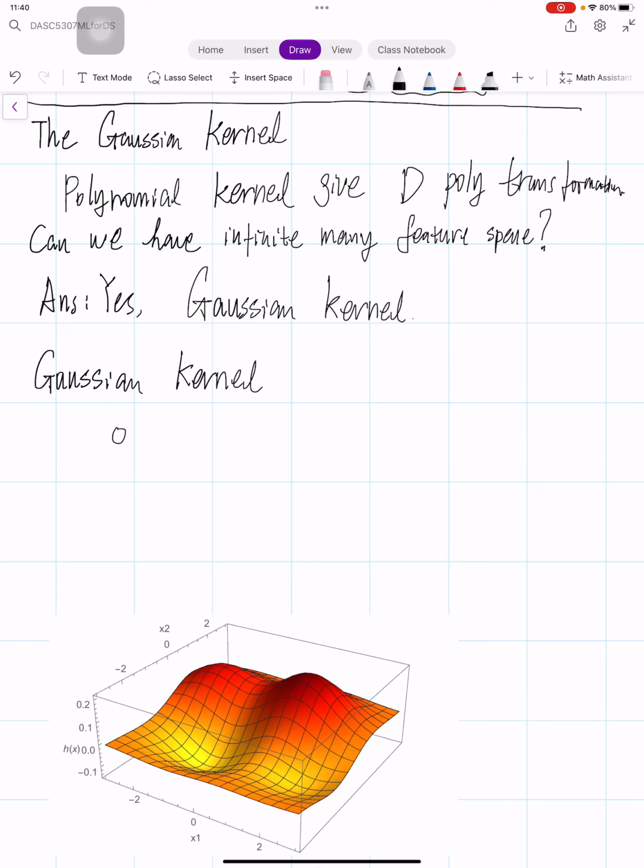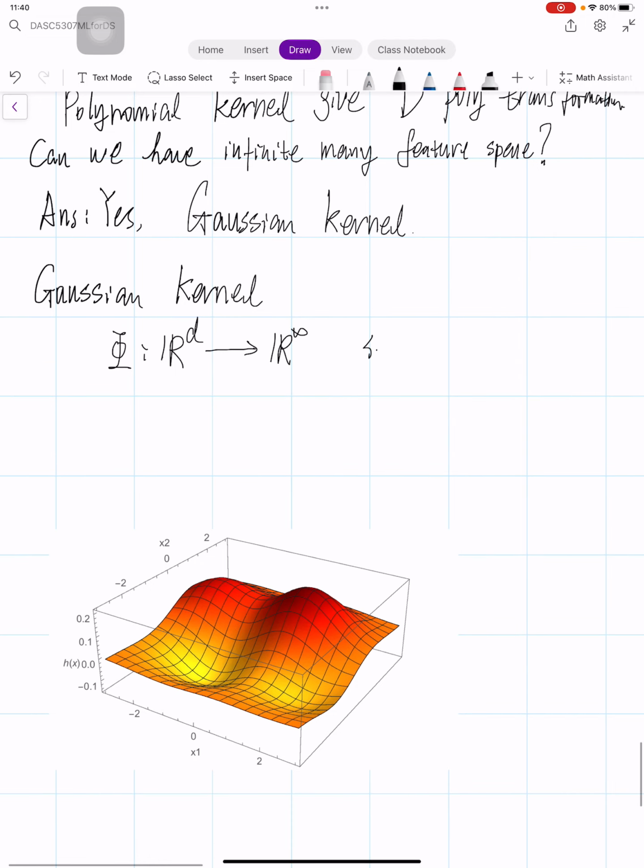is a function. A kernel function is a transformation from the feature space. Suppose you originally have D features. Now you want to convert to a space with infinitely many features, such that the kernel function is defined by exponential of negative the norm of x minus z squared, divided by 2 sigma square.